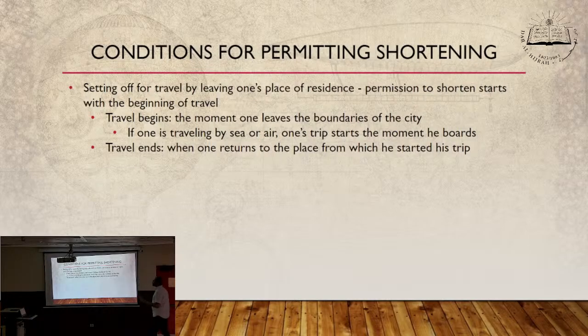When does the travel end? When one returns to the place from which they started their trip and they're going to stay there. I started my trip from this home, and I left it like that in general because sometimes I am going to different cities.